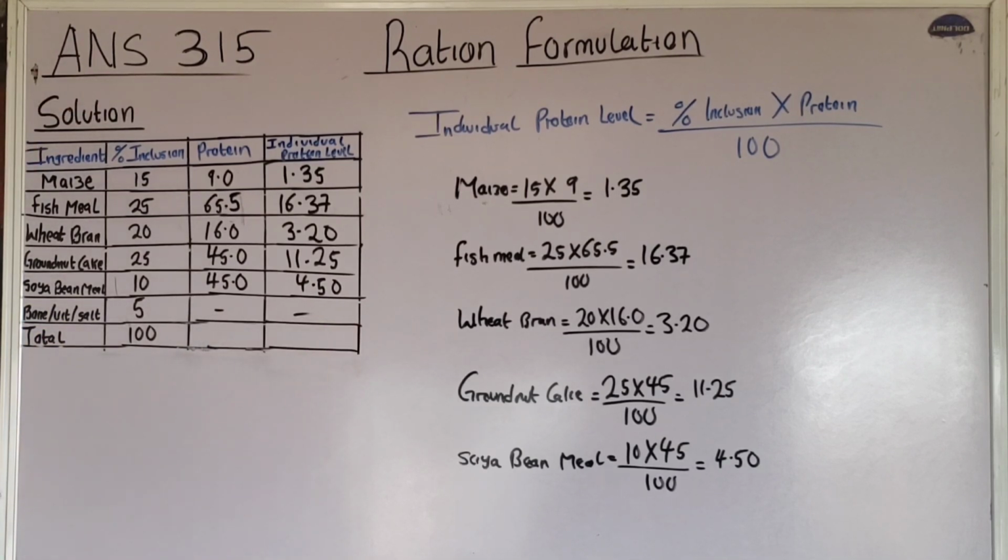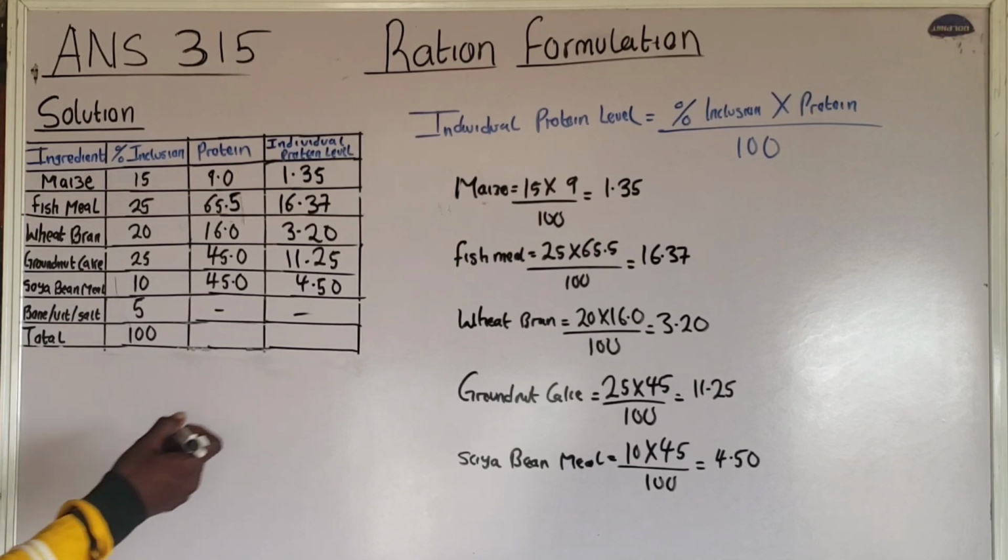Now let us sum this together: 1.35 plus 16.37 plus 3.2 plus 11.25 plus 4.5. That is 36.67.